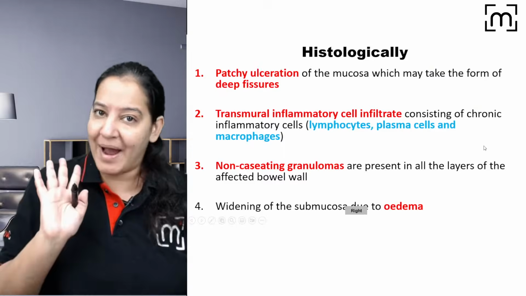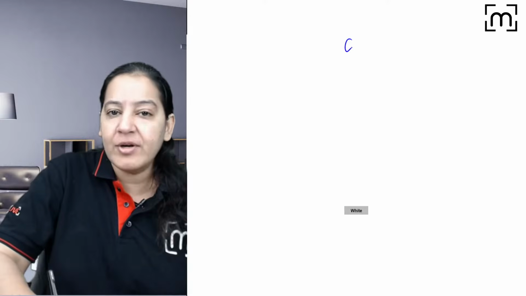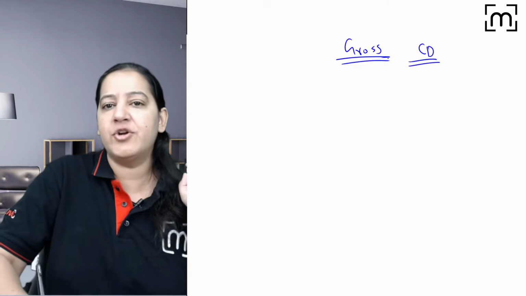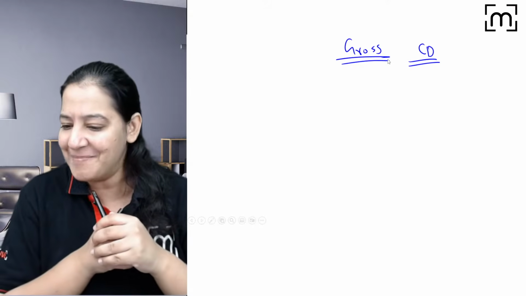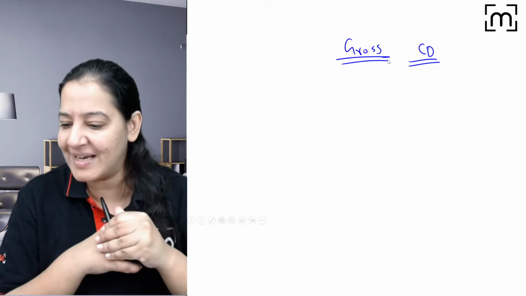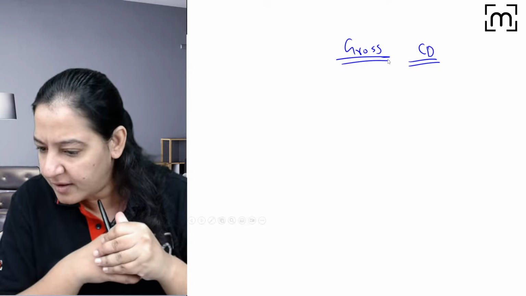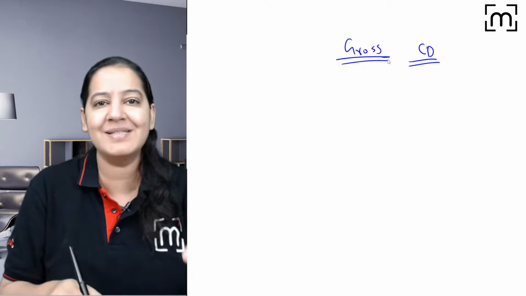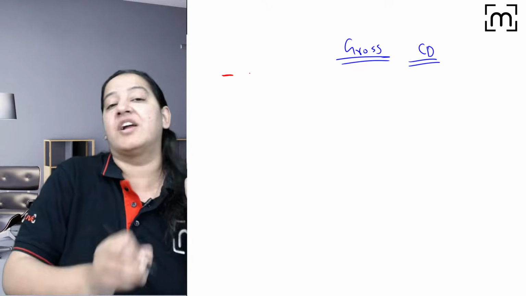Now, let me come to the microscopy. Before that, I would like to revise the gross of CD. Can you help me to revise the gross of CD? Number one, tell me the starting point.